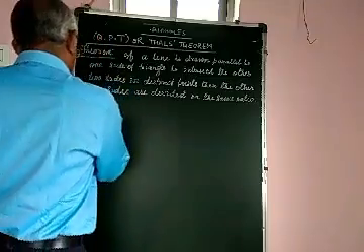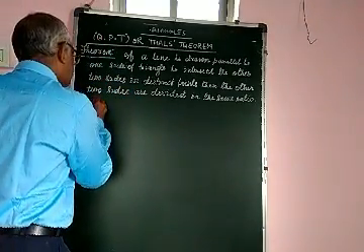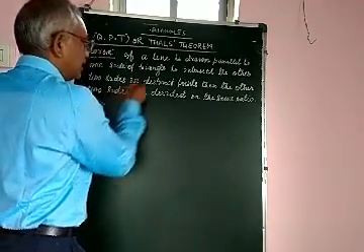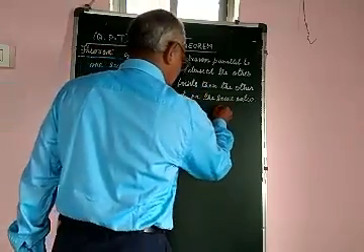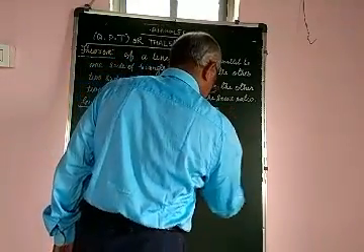So first of all, we write given. In given, what is given? A triangle is given.